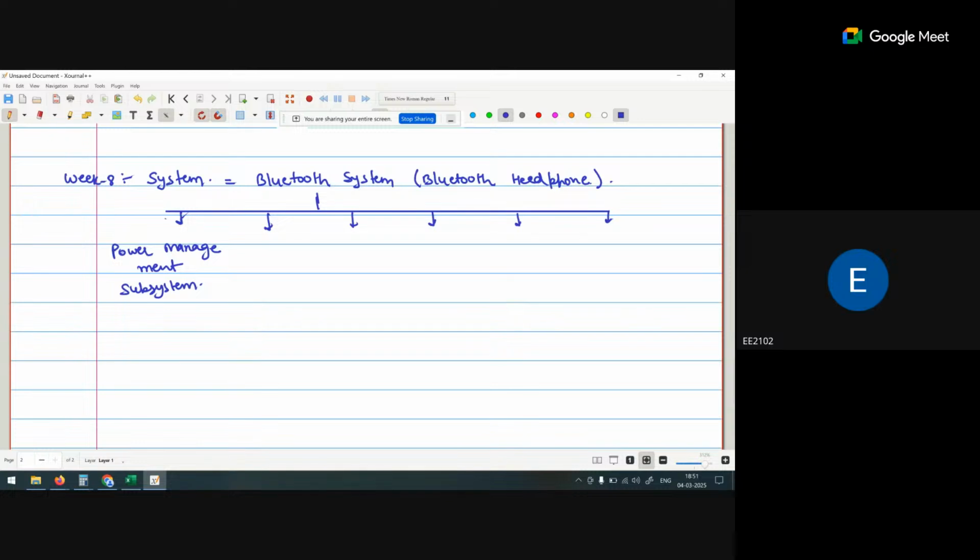Not only for the Bluetooth system, for every system, the power management subsystem is very important. Why? Because it completely controls the working of the system. For example, if we are saying that my device is not working properly, what is the reason?